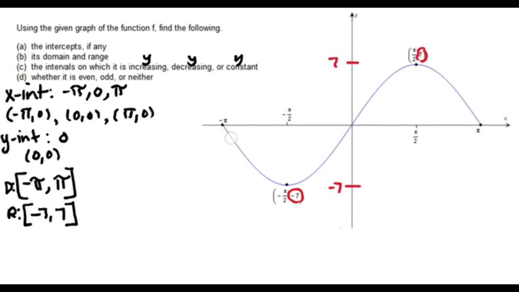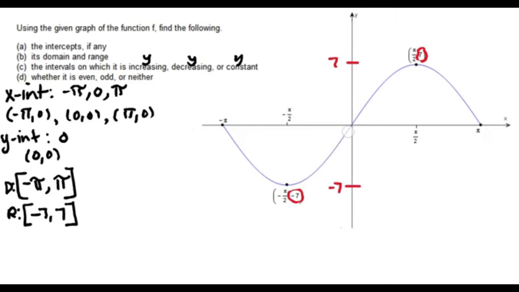And as I'm tracing it, I'm paying attention to the y values and whether the y values are increasing, decreasing, or constant. Now, as I'm tracing along this first section, I can see that the y values are decreasing. And then I get to this point here, and then the y values are increasing.